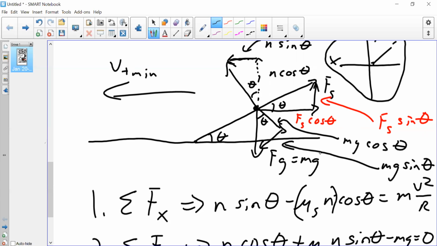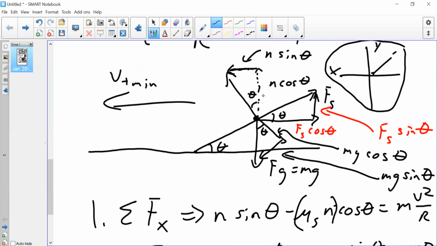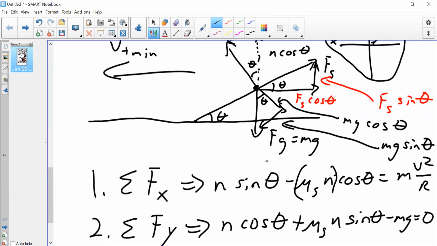Okay, just expanding it out, cosine theta, mv squared over r. And then likewise in the y direction, we have N cosine theta, positive y-axis. And then we have minus mg, and also plus mu s N sine theta, positive, positive, negative.